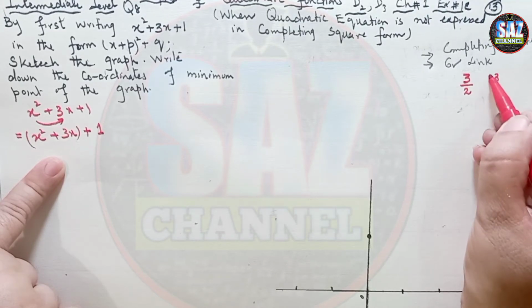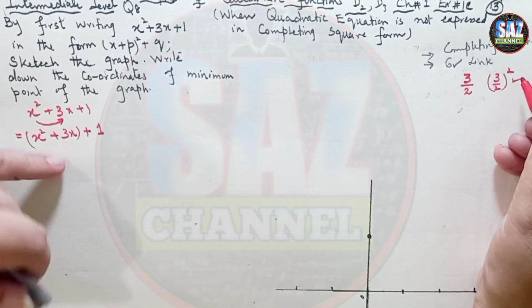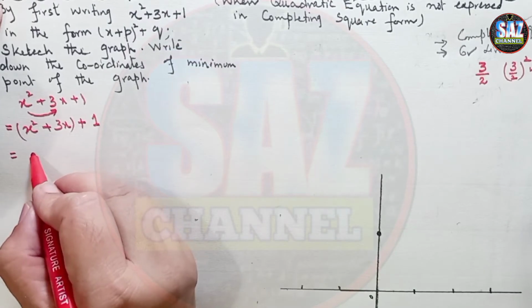That will become (3 by 2) square, and then add and subtract the square of half of the coefficient of x.